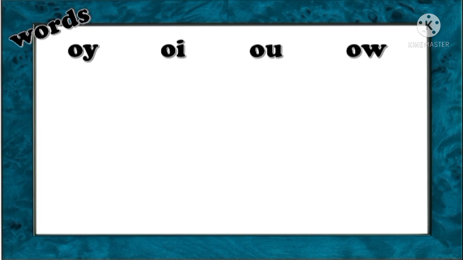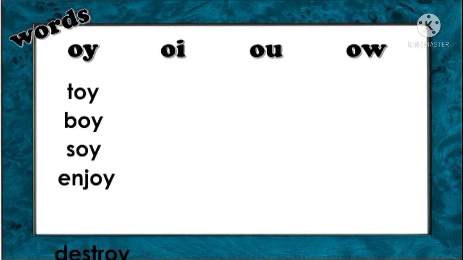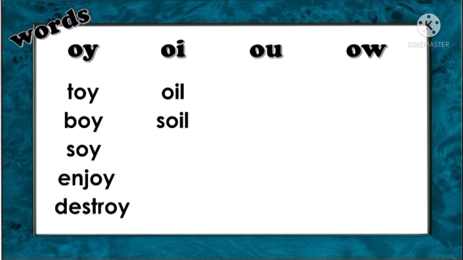Here are some example words. OY: toy, boy, soy, enjoy, destroy. Words with OI: oil, soil, coil, toil, boil.